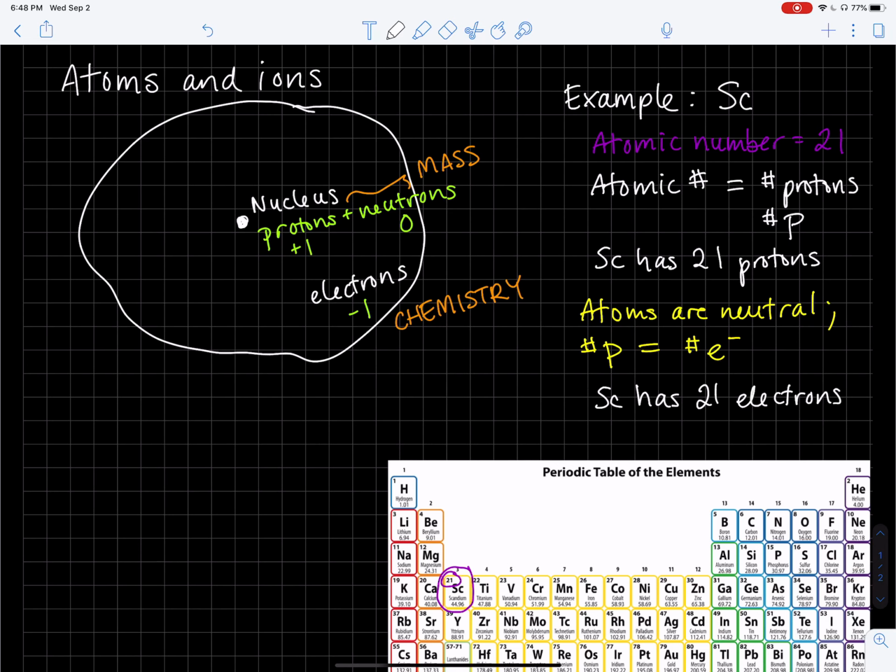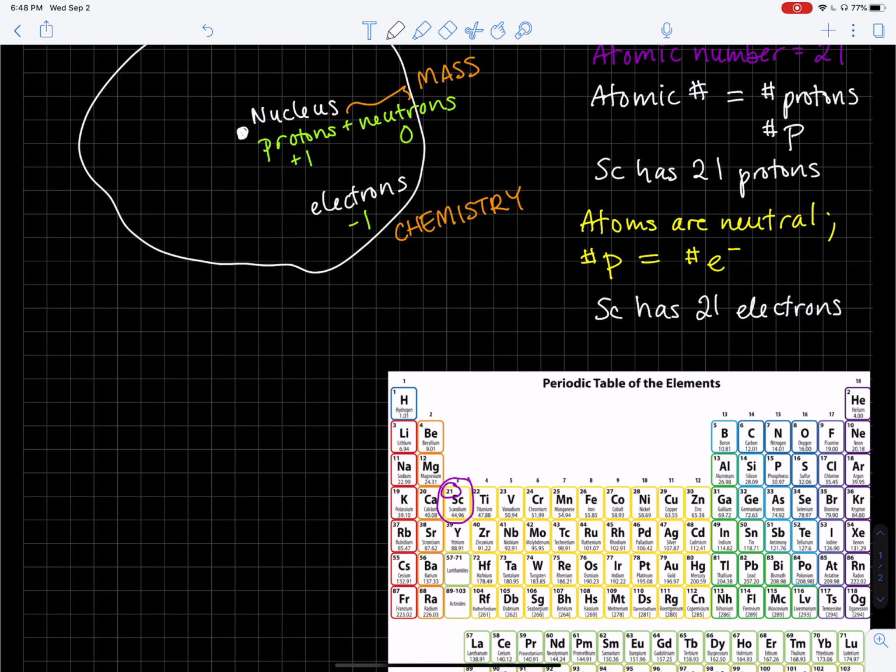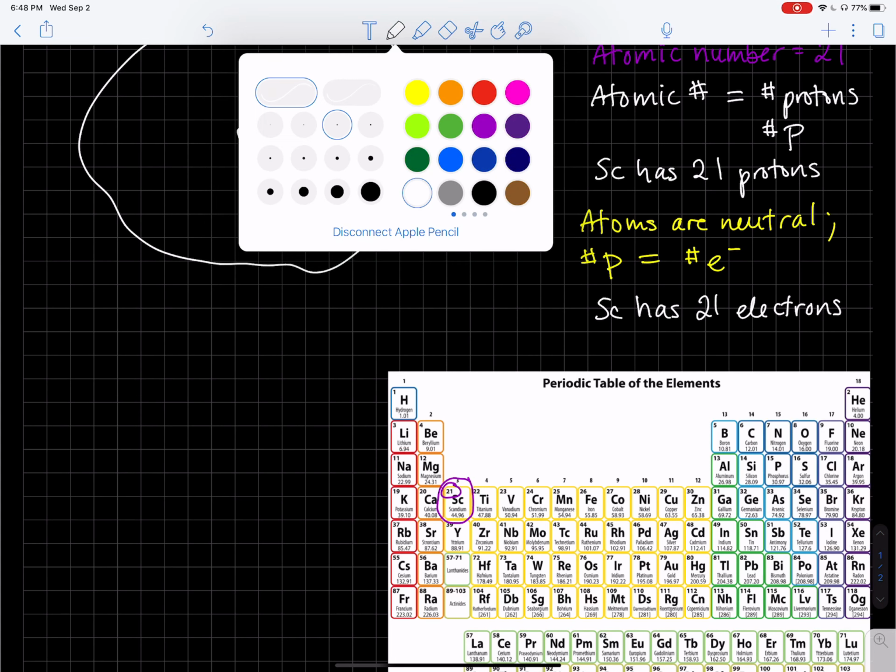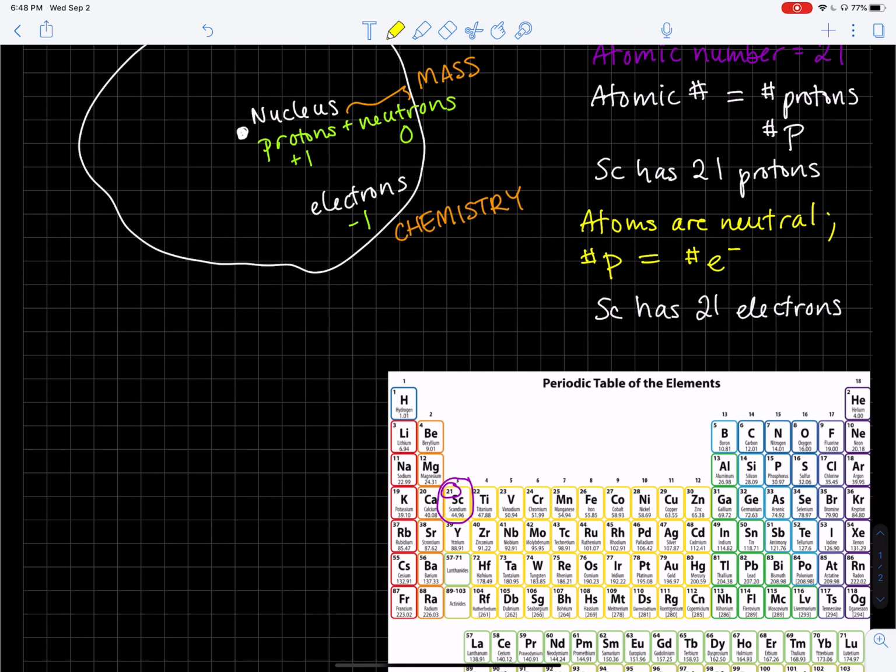Okay. Now, the final question we might want to answer about scandium is how many neutrons it has. And you actually cannot just tell. So to find the number of neutrons, you need another piece of information, which is the mass number. And the mass number, sort of hinted at it with my drawing up top, mass is equal to protons plus neutrons.